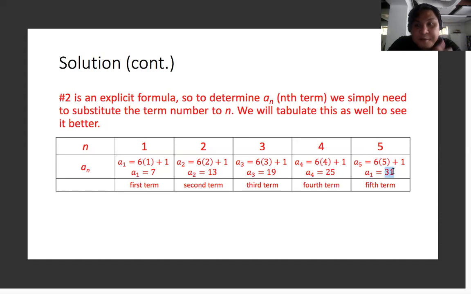So those would be the first 5 terms of that particular sequence. Okay, so hopefully the 2 examples were enough to help you identify how to figure out the terms of a particular sequence given a recursive formula or an explicit formula. All right.